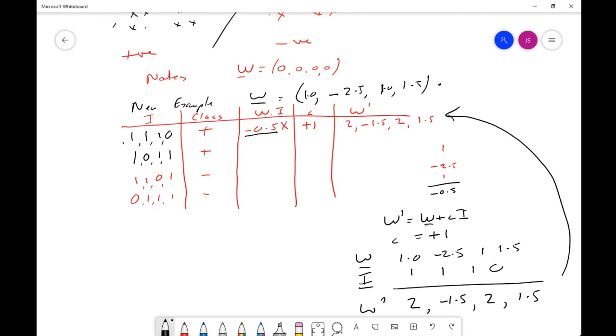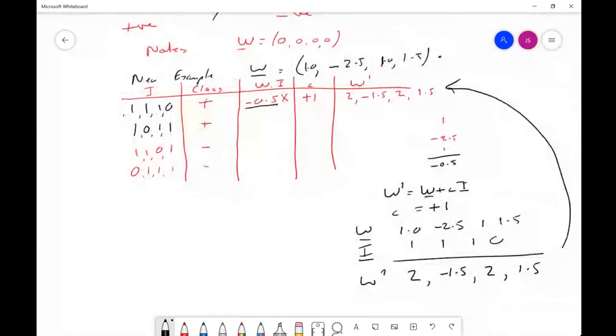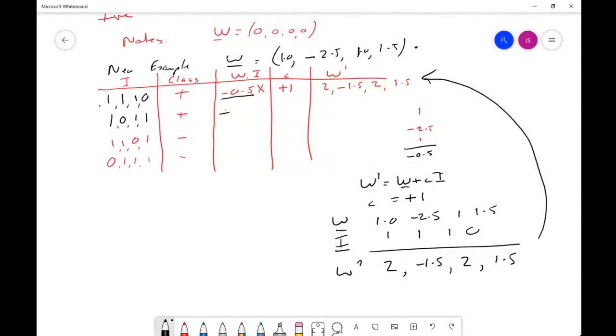It's going to be 4.5. Is it 4.5? 2, no, 4, 5.5. Plus 5.5. Positive. Positive class. No action. No update of the weight vector.